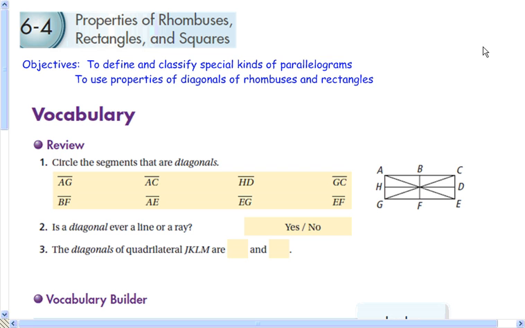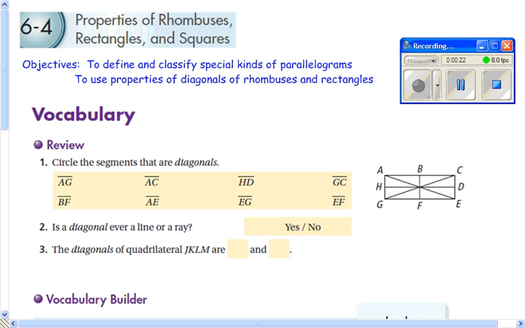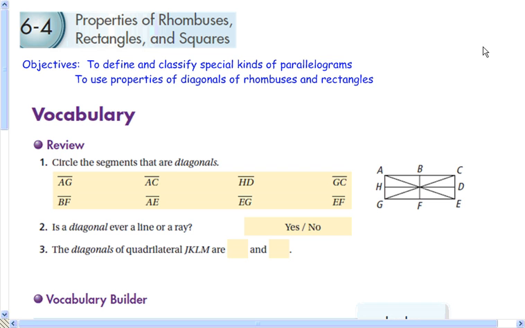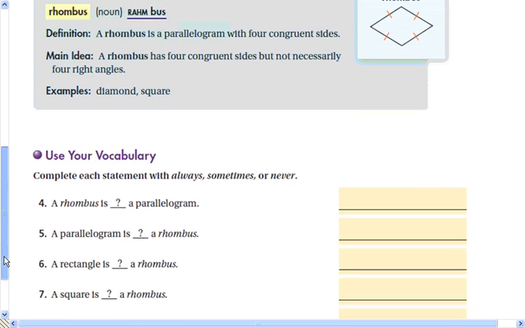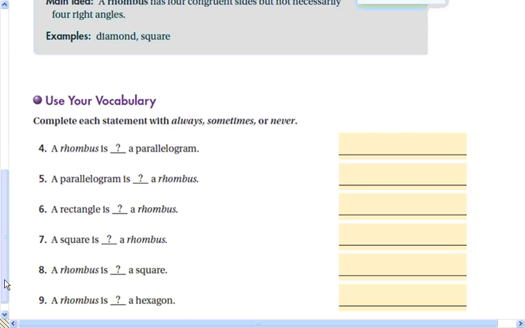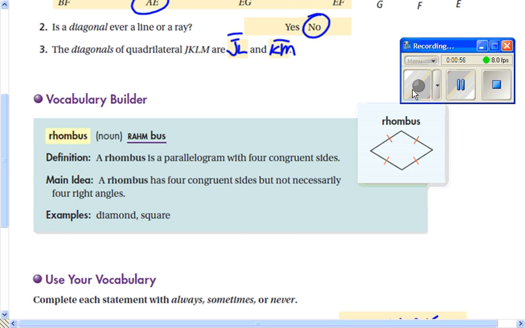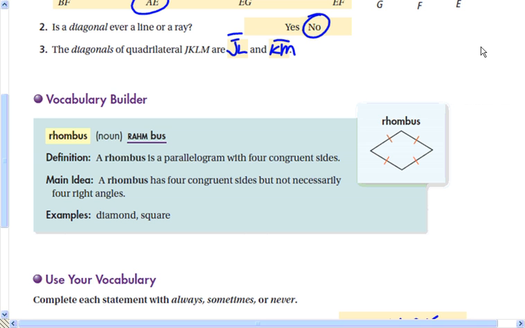Go ahead and do the review here quick. You can check back the answers. You should try this part before I give you the answers.